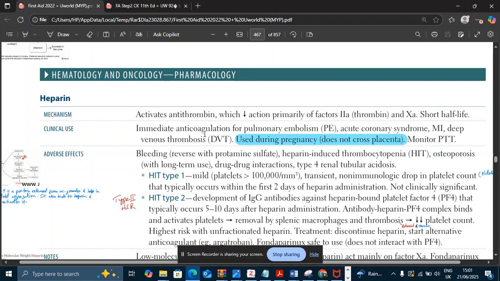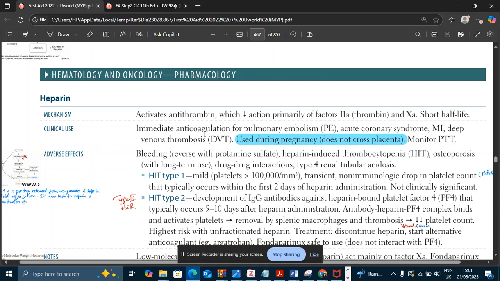Okay, I want to give an example. If a patient has a history of pulmonary embolism or DVT, and the patient is using warfarin for a longer period of time. So now the patient comes to you for a follow up.